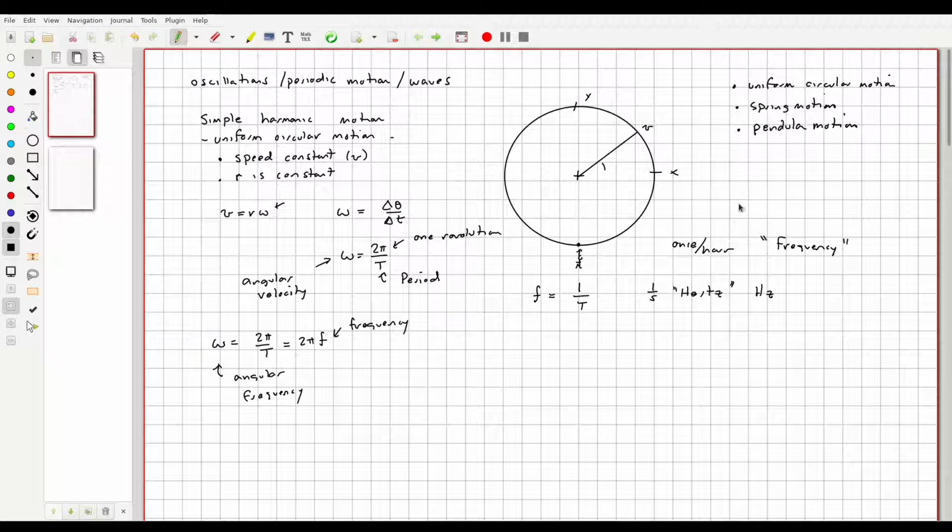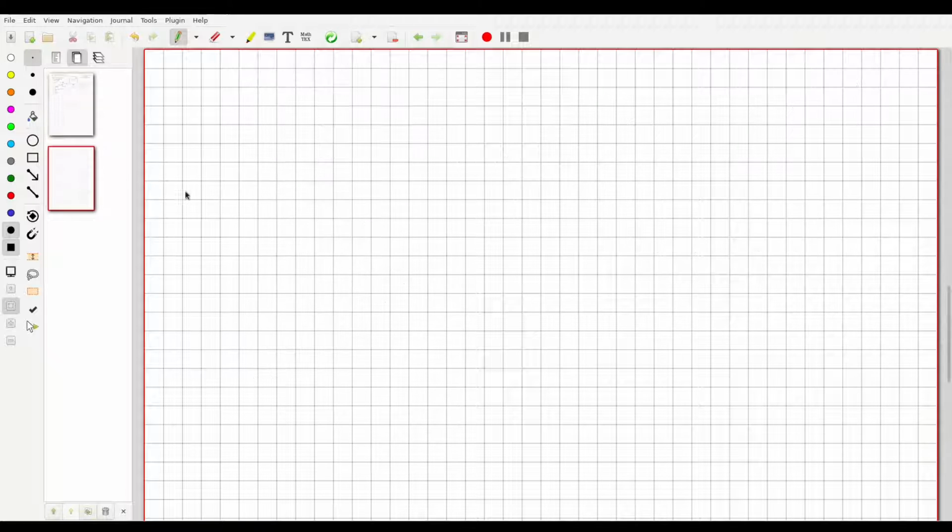Okay, so what I'm going to do is start with uniform circular motion and show you how the solution to its behavior also satisfies the behavior of a spring and the behavior of a pendulum, which tells you that they're all related.